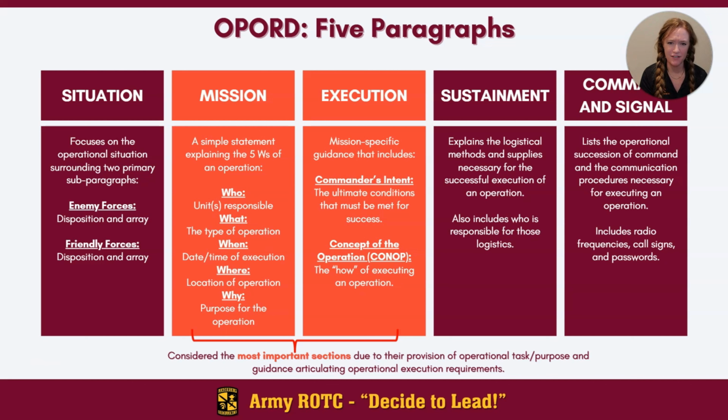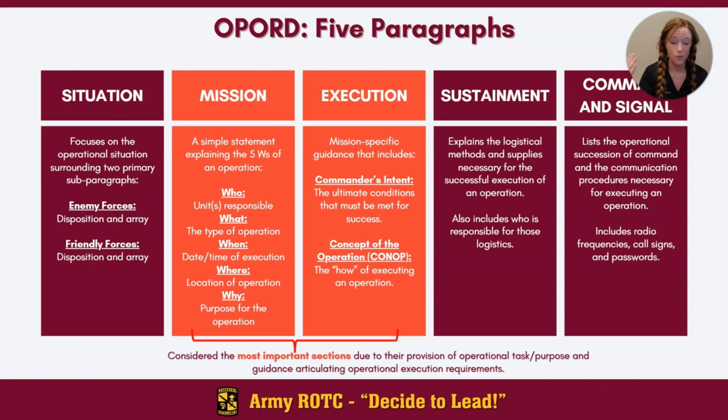Then we get into the mission. That's called a paragraph. It's really just 1 sentence. 2 sentences if you say it twice like you're supposed to. These are your 5 W's. This is your who, which is your unit responsible, the what, type of operation we are doing, the when, date and time that we're going to execute this, the where, the location of the operation, and the why, the purpose.